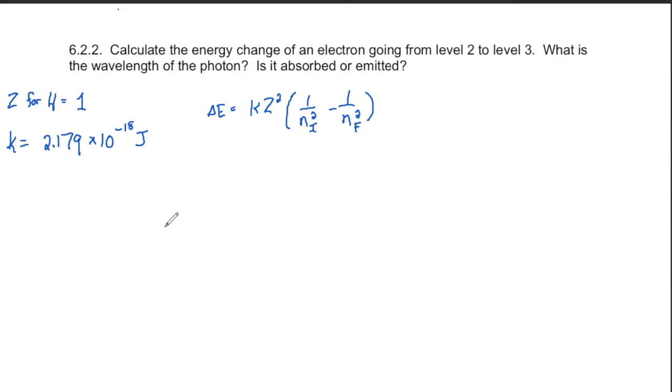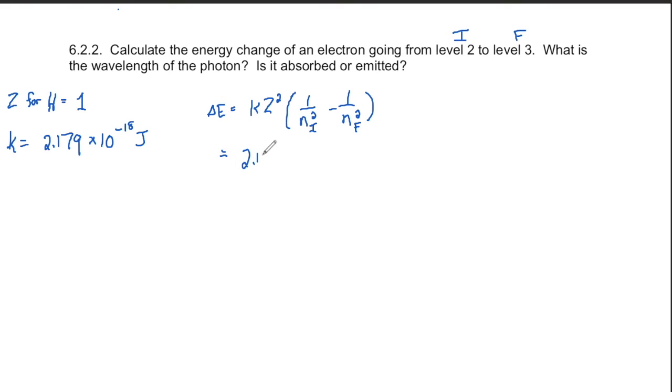Okay, let's go ahead and calculate this energy change for the next problem. So here is our equation. Z squared is actually in this equation, but for hydrogen, Z is 1, so Z squared is 1. So we normally just use the K. And then we have 1 over the initial level squared minus 1 over the final level squared. So we have it going from level 2, that's the initial, to level 3, and that's the final.